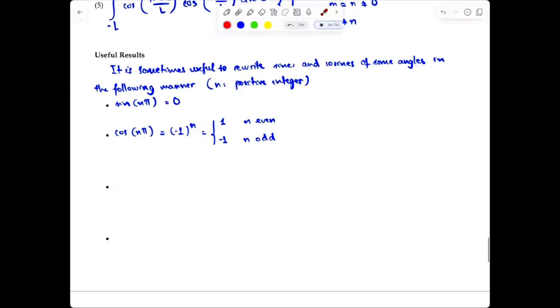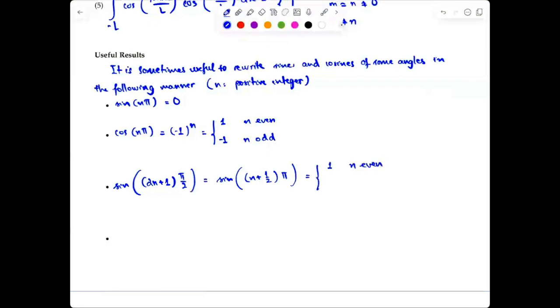Now, when you have sine of 2n plus 1 times pi over 2, so sine of any odd number of pi over 2, or you can write this as sine of n plus 1/2 times pi, it is going to be equal to 1 when n is even, and is -1 when n is odd.